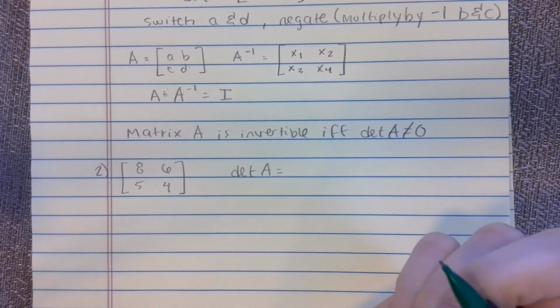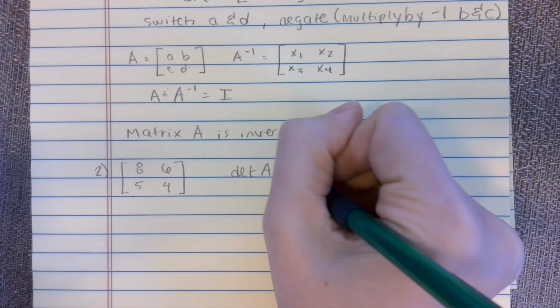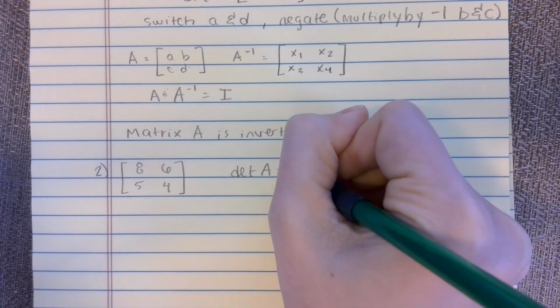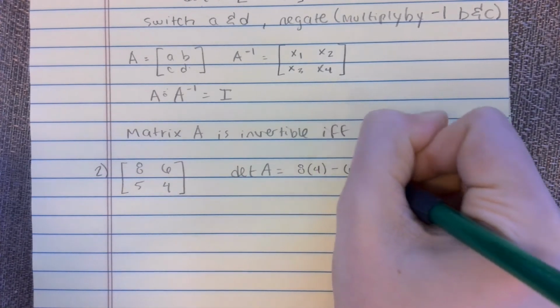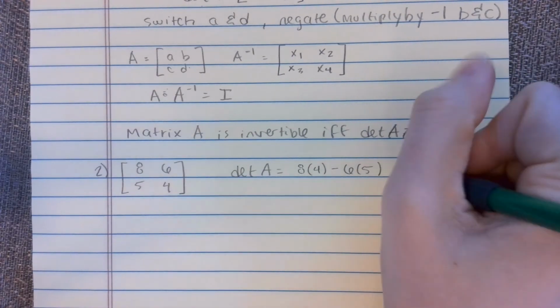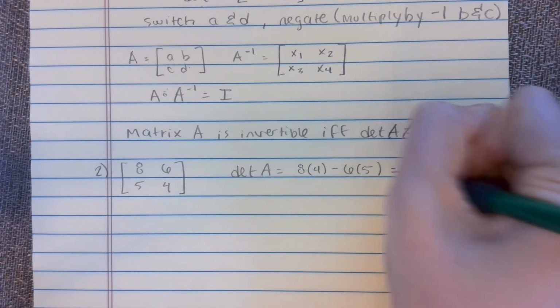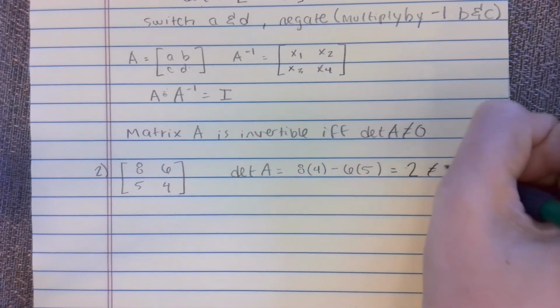I want the determinant to be non-zero. So the determinant would be 8 times 4 minus 6 times 5. 8 times 4 is 32, 6 times 5 is 30, so I get 2, which is non-zero. A, in fact, is invertible.